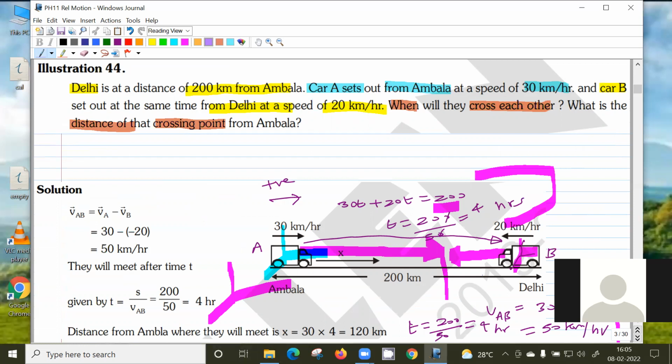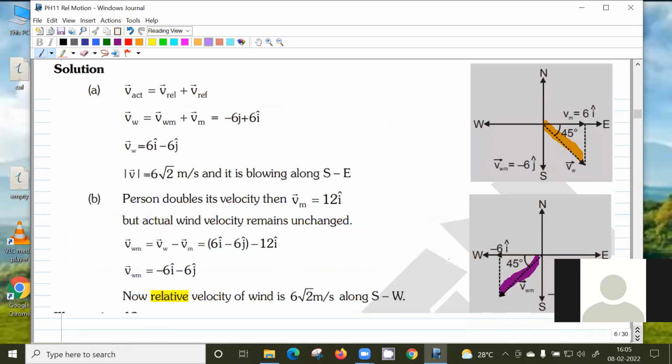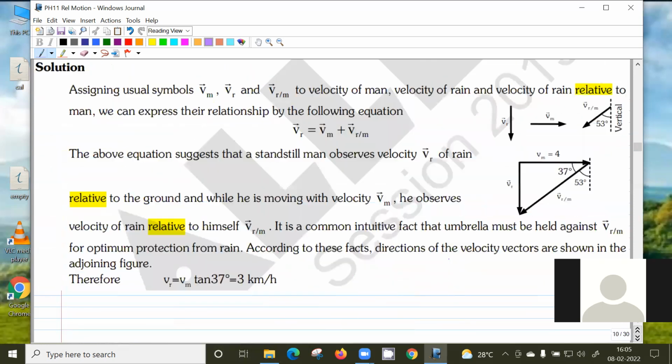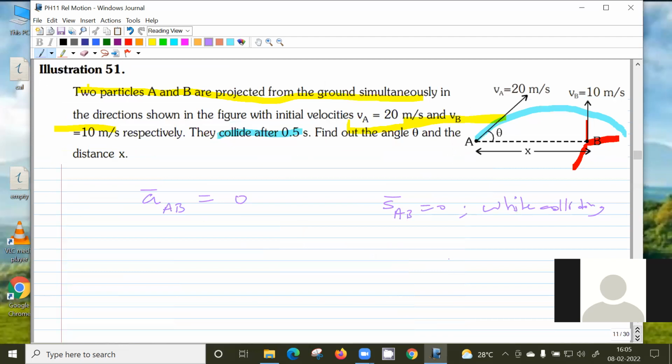Yes, sir, at that moment. So similarly, when these two collide, the displacement of A with respect to B will be 0.